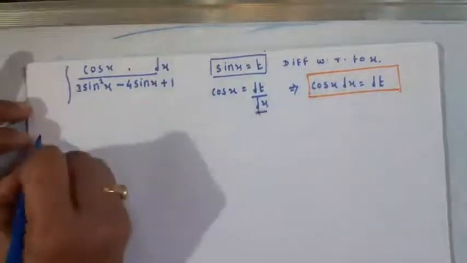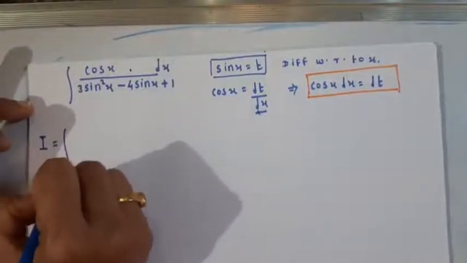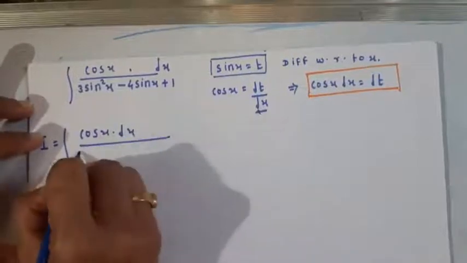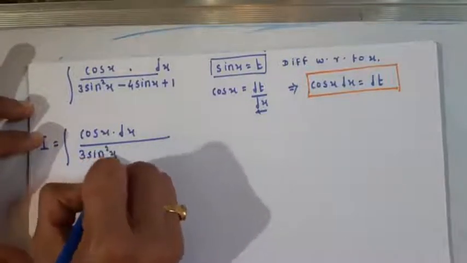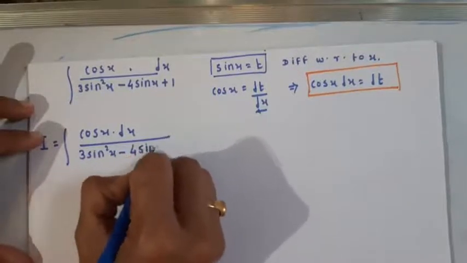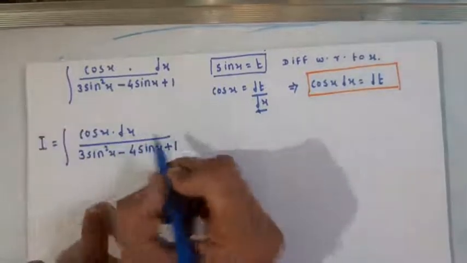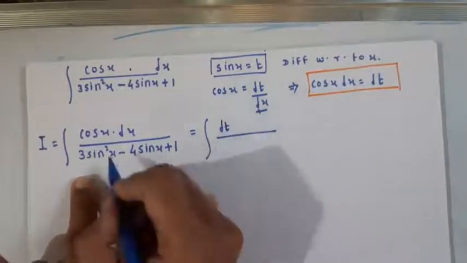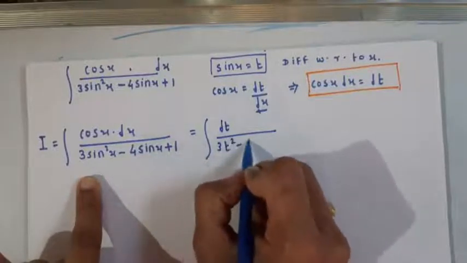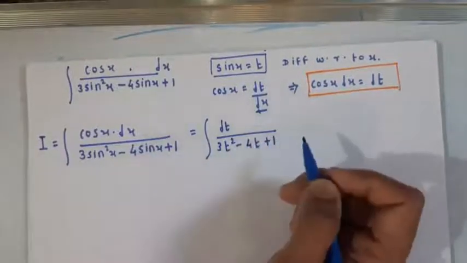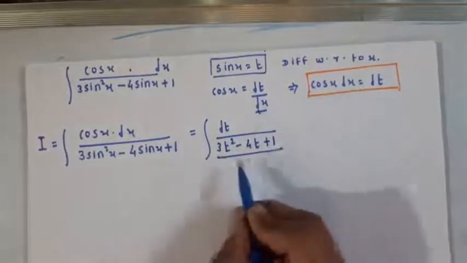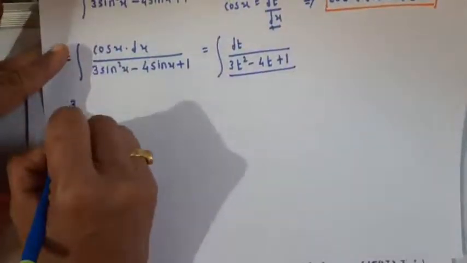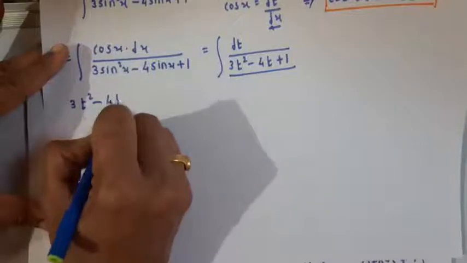Now the integration is equal to cos x dx upon 3 into sin square x minus 4 into sin x plus 1. So cos x dx equal to dt upon 3t square minus 4t plus 1. Now again, to adjust this term by the completing the square method, adjust the term 3t square minus 4t plus 1.